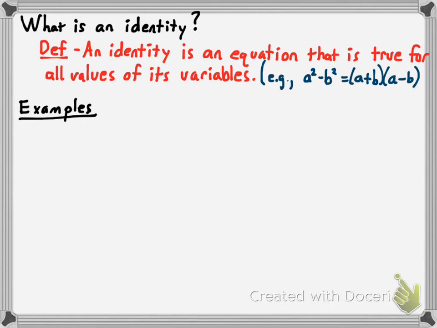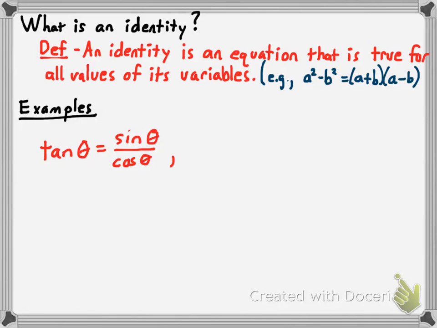Let me give you some examples of some trigonometric identities that we have talked about. One of them is this. You know very well at this point that the tangent of any angle theta is equal to the sine of theta divided by the cosine of theta.